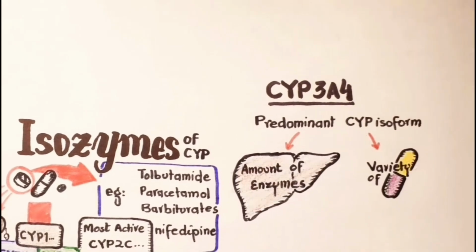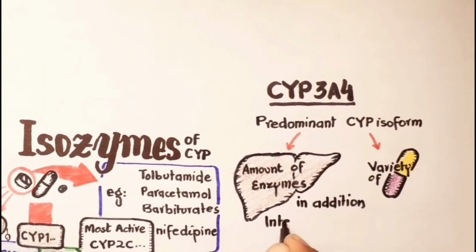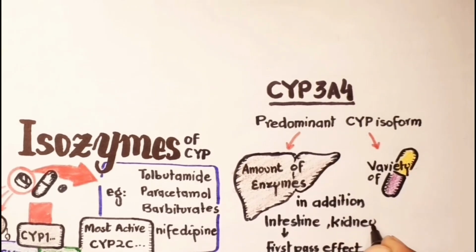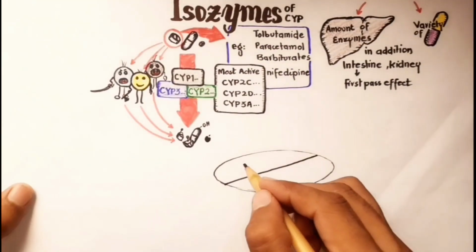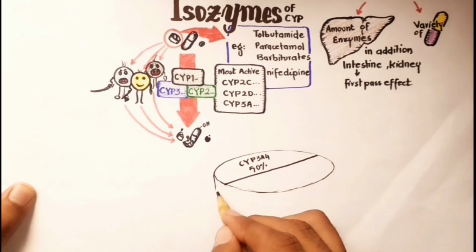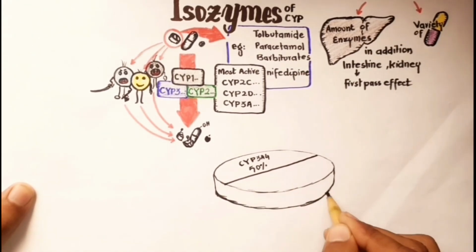In addition to liver, this isoform is expressed in intestine, responsible for first pass effect at this site, and kidneys as well. This isoform may account for more than 50% of all CYP-mediated drug oxidation reactions.